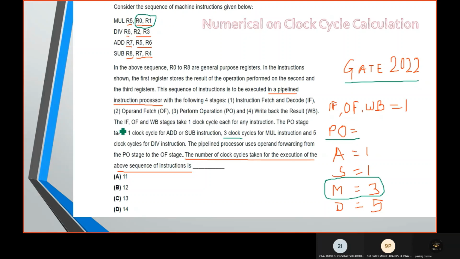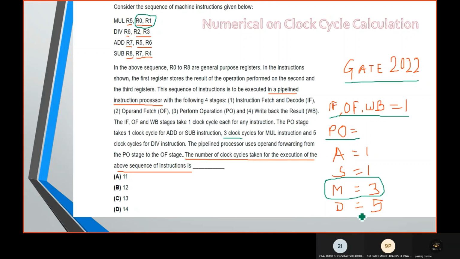Now the given thing is that the instruction fetch, operand fetch and write back stages take 1 clock cycle for any instruction. The perform operation stage, on the other hand, takes 1 clock cycle for addition, 1 clock cycle for subtraction, 3 clock cycles for multiplication, and 5 clock cycles for division.